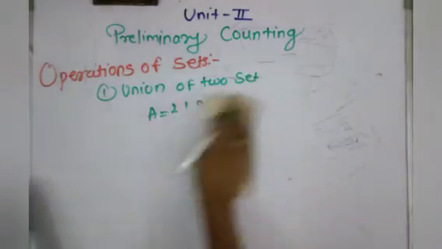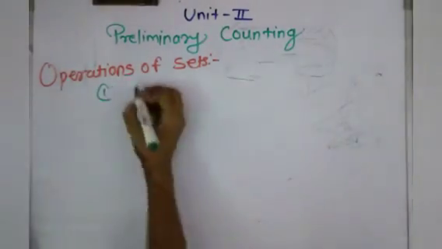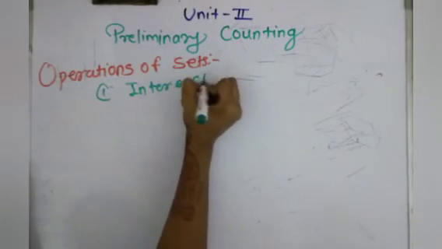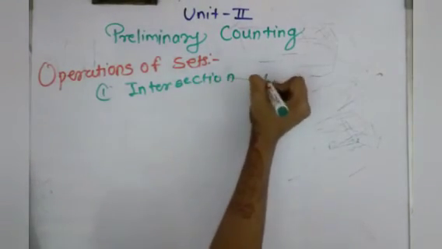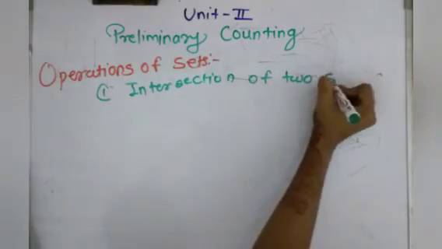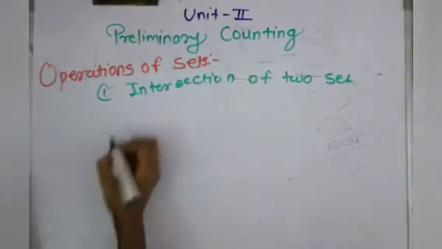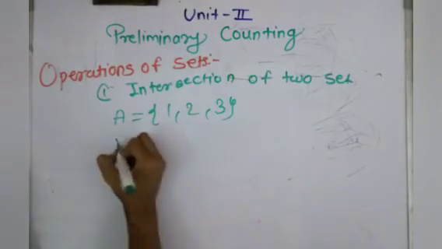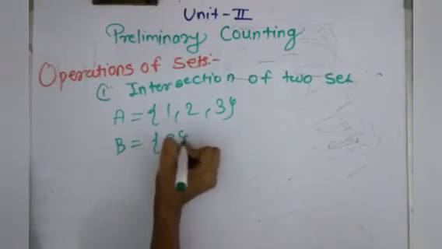Now intersection of two sets. Suppose A equals {1, 2, 3} and B equals {2}.